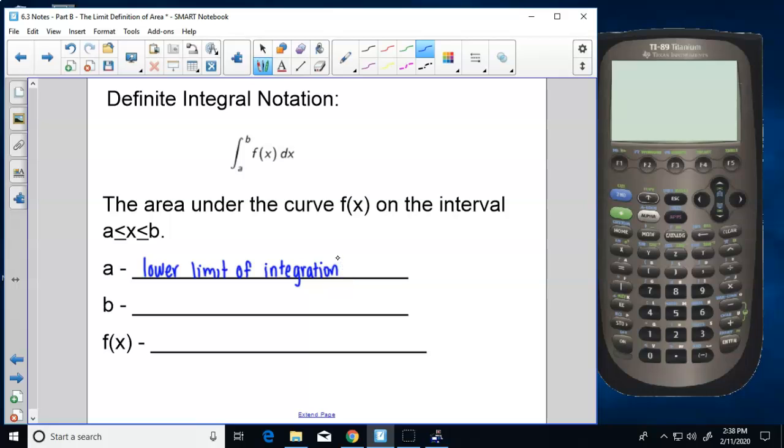And the process of integrating is finding that area underneath the curve. And b is the upper limit of integration. And f of x, which is your function, we call it the integrand.